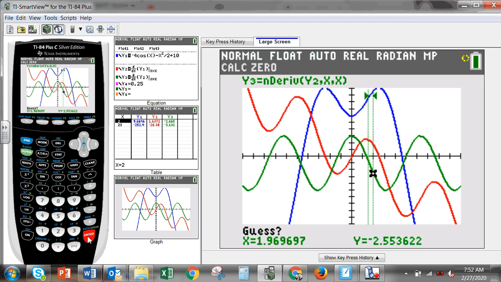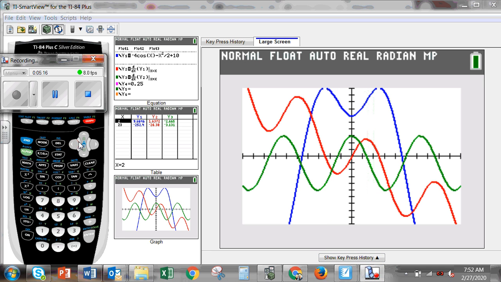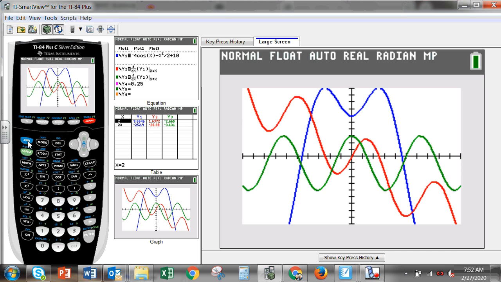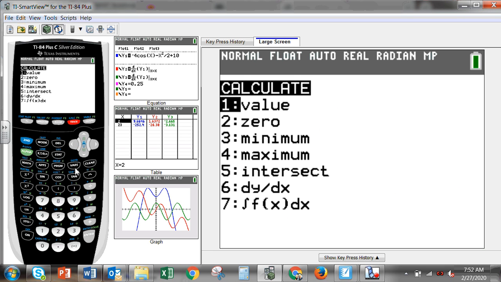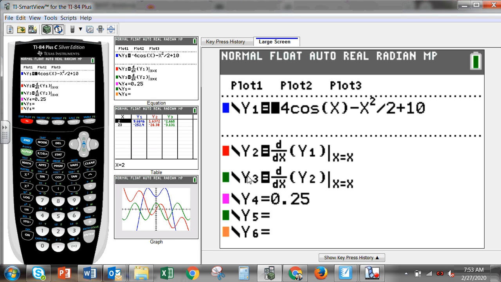I think I went too far to the left. Let's try that again. That gave me an error message. So I can calculate the zero of the third function, which again is green. This is the second derivative.